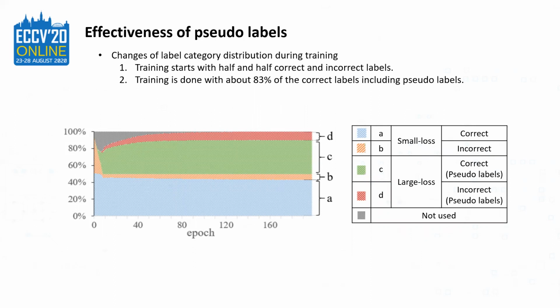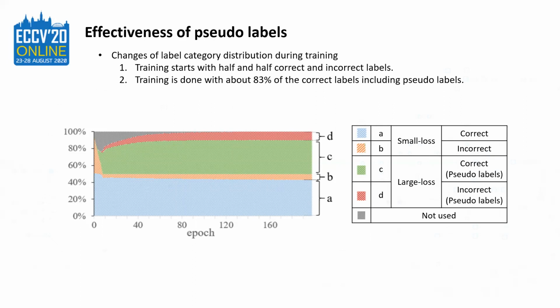And next, we will talk about the effectiveness of pseudo labels. The graph shows the changes of label category distribution during the training. Since CIFAR-10 with symmetric 50% noise is used, the correct and incorrect data are half and half at the first epoch.